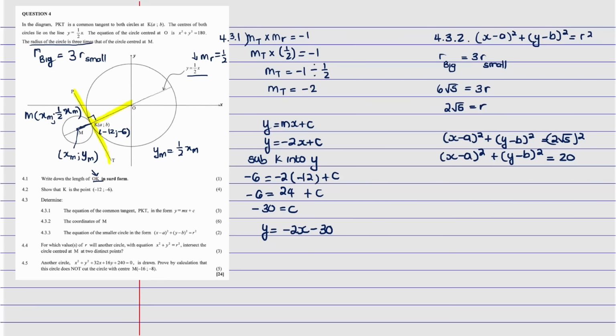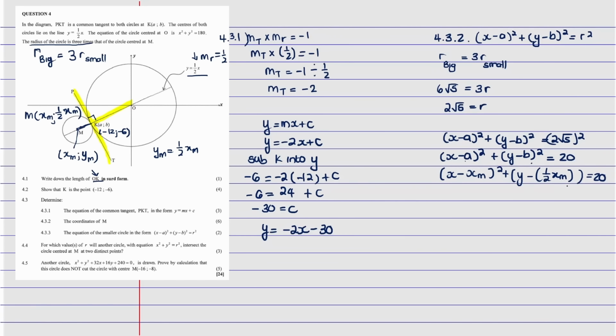Because of this relationship, now I can rewrite my A and B in terms of XM and 1 over 2 XM. So it's going to be (x minus XM) all squared, then (y minus 1 over 2 XM) all squared, equal to 20.